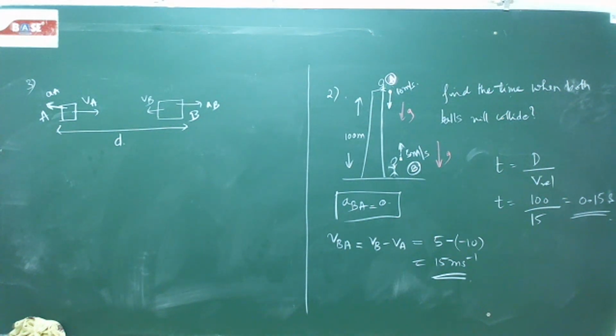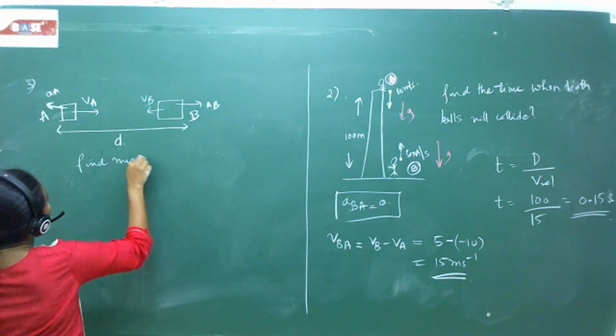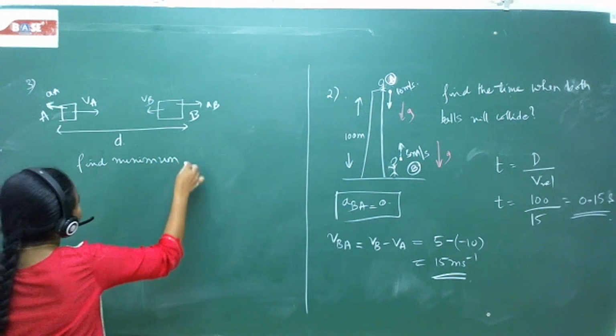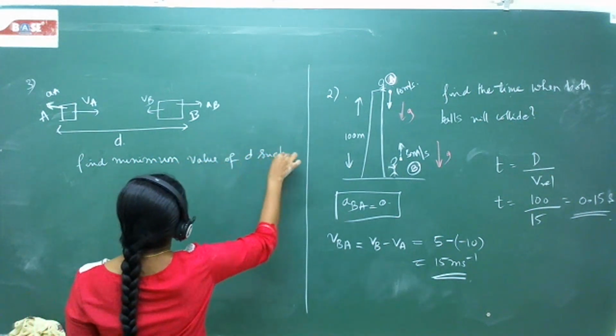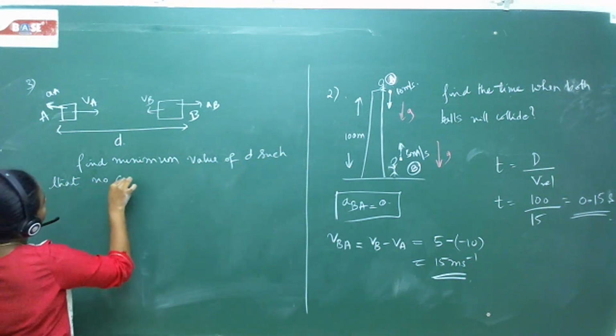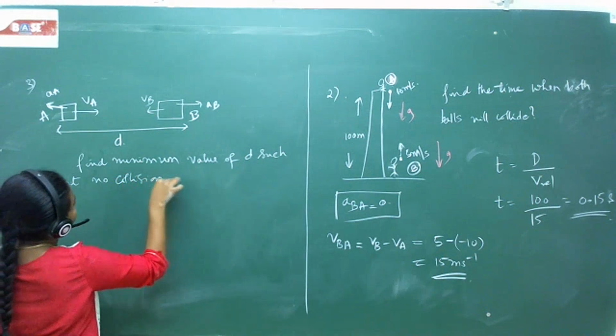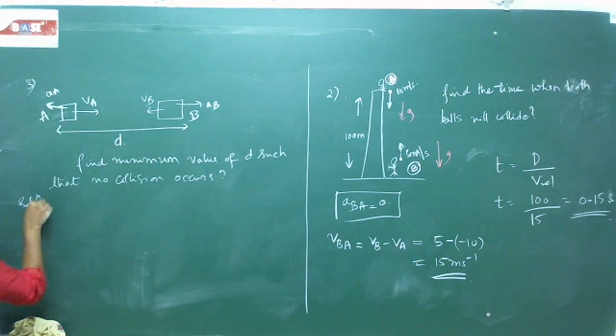They have said, find the minimum value of D such that no collision occurs.